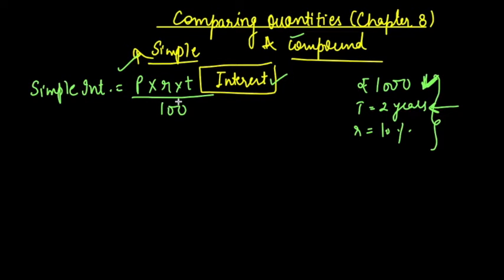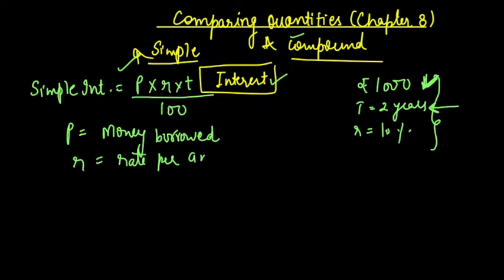Here, what is principal? The money borrowed. This is your principal. R is the rate per annum, and T is the time period for which the money has been taken from the bank.